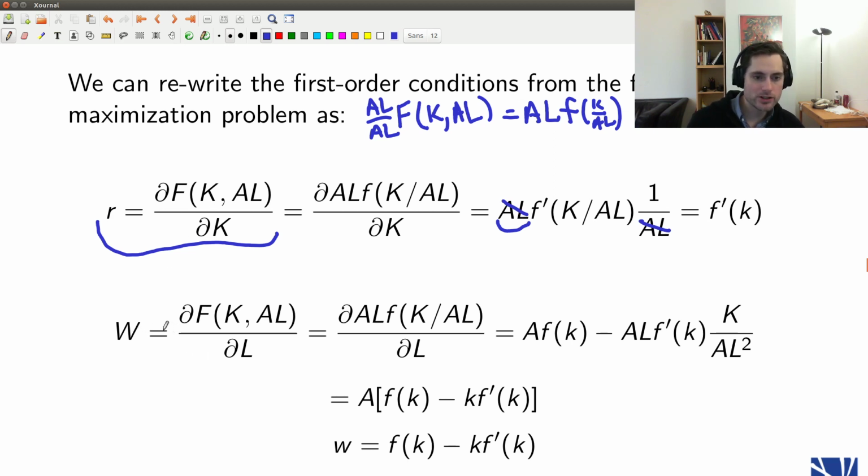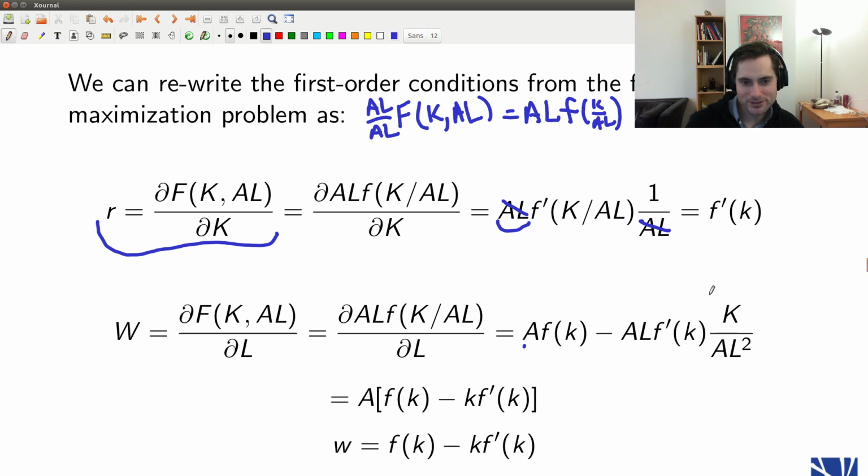Let's do the same thing for the wage. Very similar idea, slightly more complicated. Why is that? Because we're taking the derivative with respect to L, and L appears here outside the little f function. So we're going to take the derivative with respect to L, end up with this, A times f of little k. And then here, since we're again going to have f prime of little k, same as last time, but now when we take the derivative of the inside of the function, then it's going to look a little different.